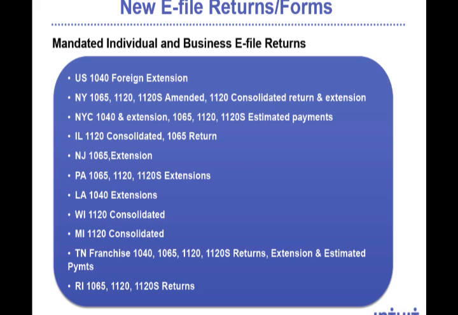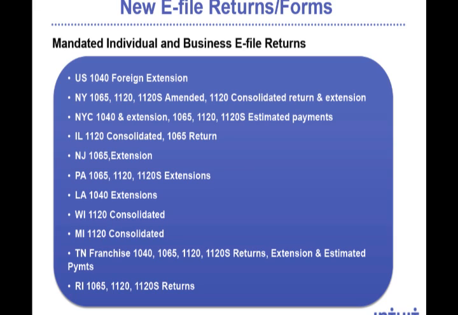So some other information that we want to talk about as far as e-filing goes: we've added a lot of forms to the individual and business e-file program, a lot of forms that we're supporting for e-file. Some of these, like the ones you're seeing on the screen now, are related to e-file mandates.